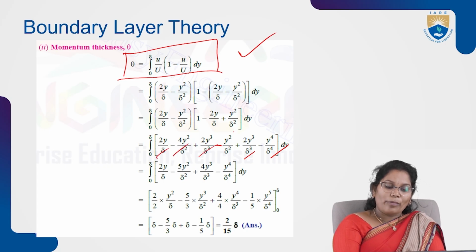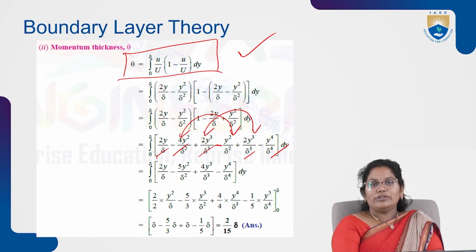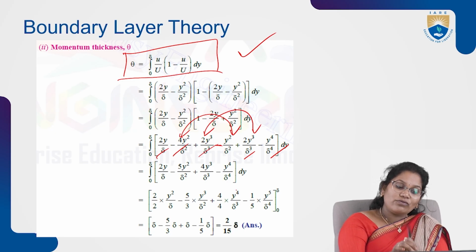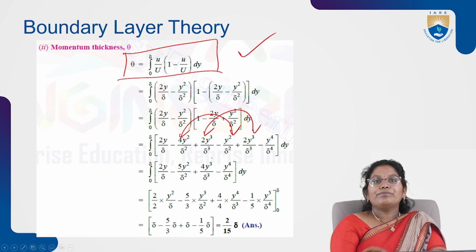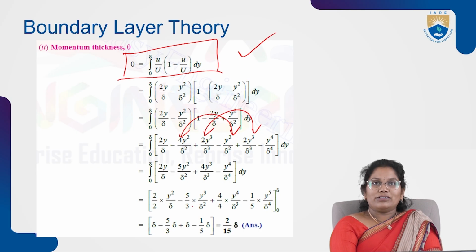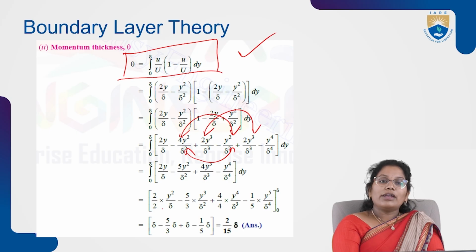Again here we are taking common terms. The y square terms are both common, and the 2y cube terms are both common. So here minus 4y square by delta square minus y square by delta square; minus minus becomes plus, so 5 into y square by delta square.